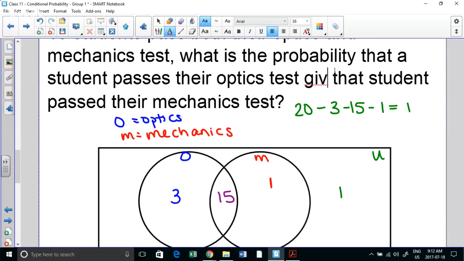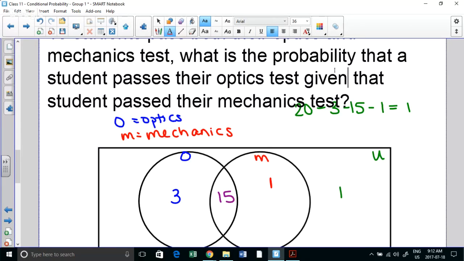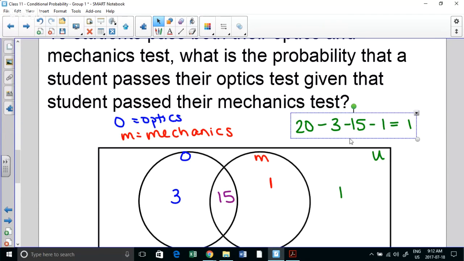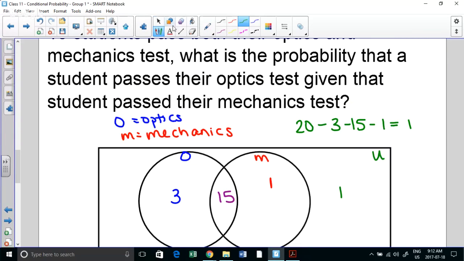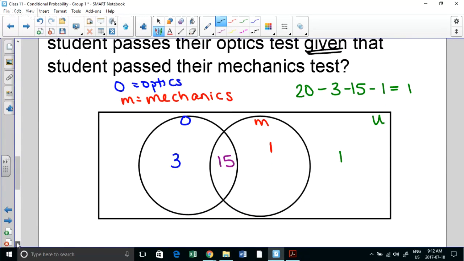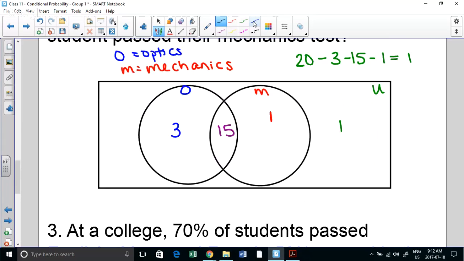Just change this to given. What is the probability that a student passes their optics test given that the student passes the mechanics? So we have the probability of optics given that they pass their mechanics test.